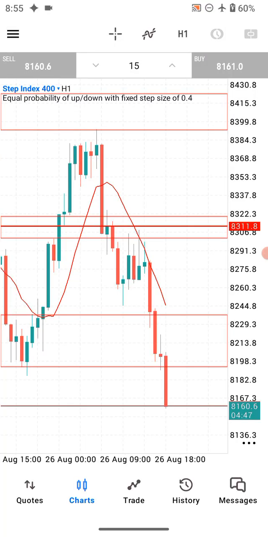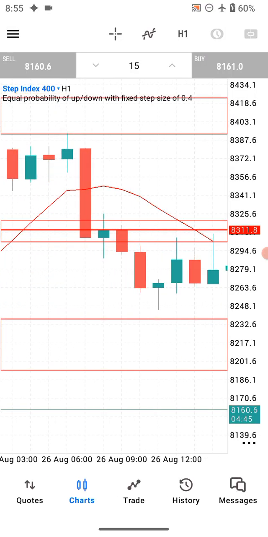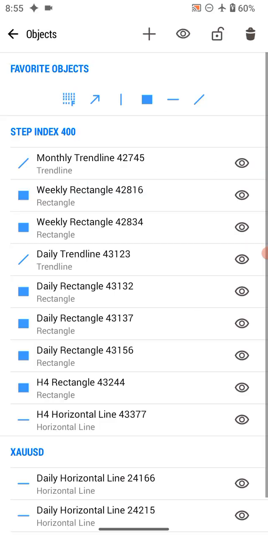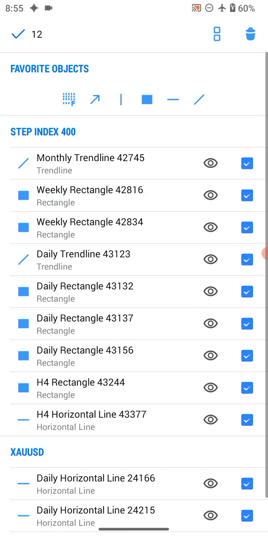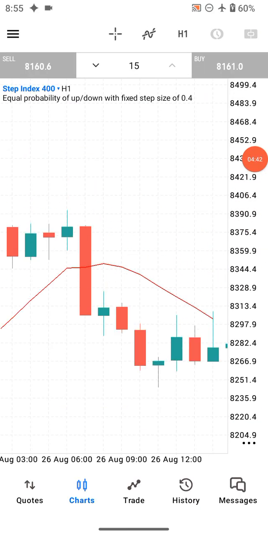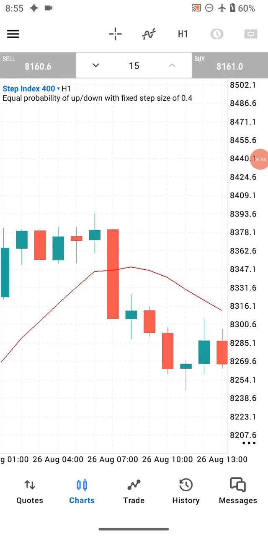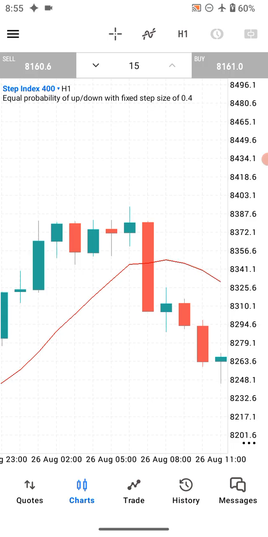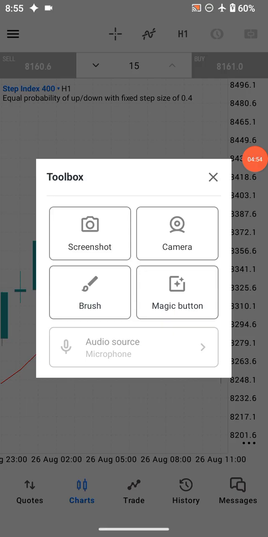As I zoom into this chart, like all of you can see on the screen right now, let me clean all this chart so you see. As you can see on the screen right now, all these movements made by the chart are a pure indication of price action movement.